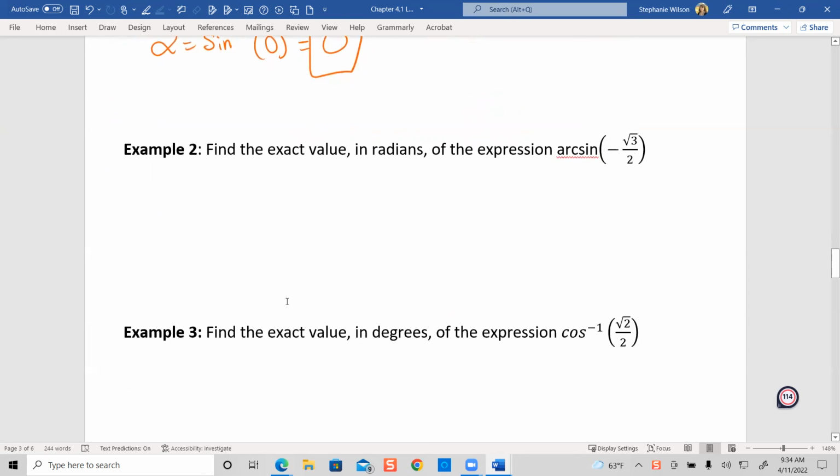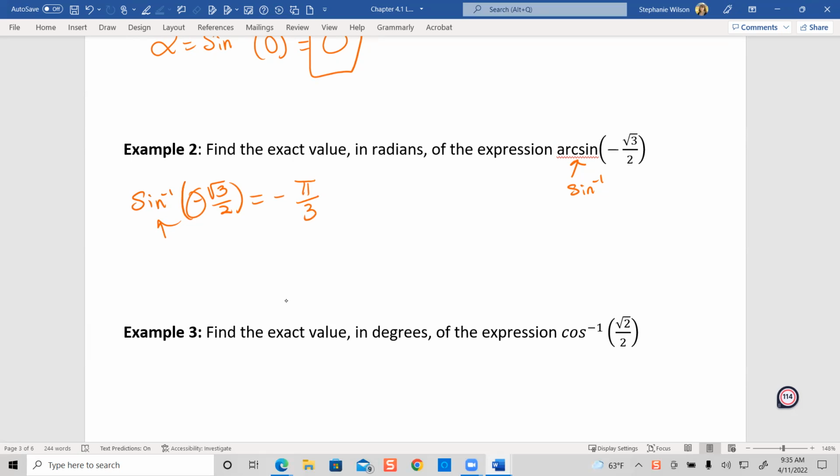Example 2 says find the exact value in radians of the expression arcsine. That means that we're going to take its inverse. So I have the sine inverse of negative square root of 3 halves. I'm going to go to the unit circle, and I'm going to keep this negative because it's odd. I notice that it falls on pi thirds.